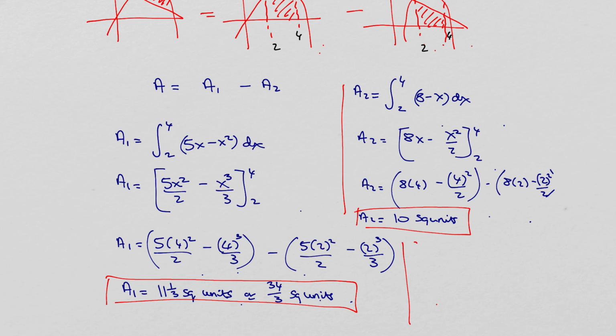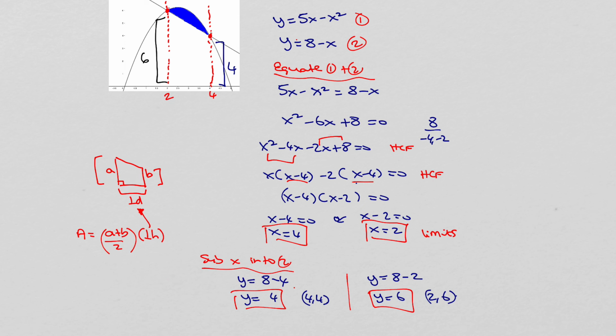Now, if we did happen to use the trapezium rule, then we would be getting our area is (6 plus 4) over 2 times the perpendicular height. So if you look, 6 was A, 4 is B, the parallel sides, and then the perpendicular height is this distance here. So therefore that must be 4 minus 2, which is 2.